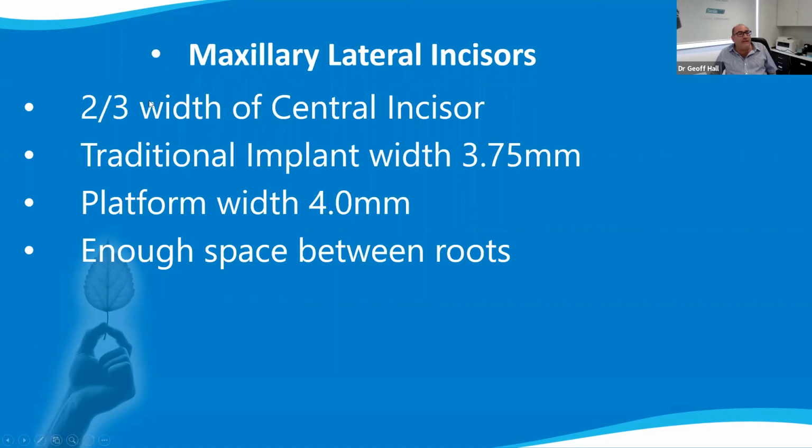And usually it's about 2/3 of the width of the central incisor. Now, the problem here is we've got to make sure not only have we got enough space between the crowns coronally, but we need to find enough space between the roots of the teeth. That's the hard part, because whenever we put a spring between the teeth, there's a tendency for the crowns to go and spread out, which is what we want, but there's a reciprocal effect of the roots coming together.